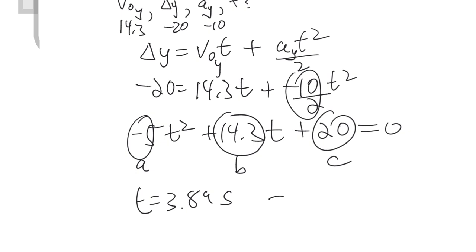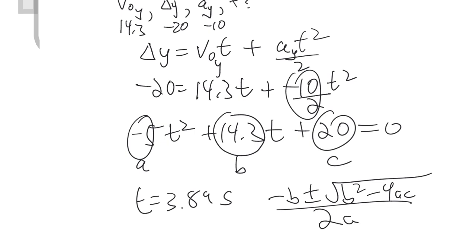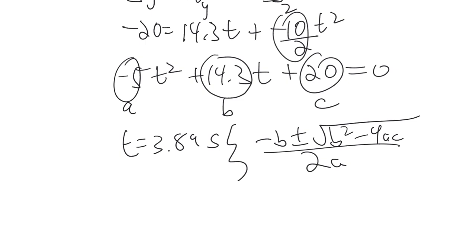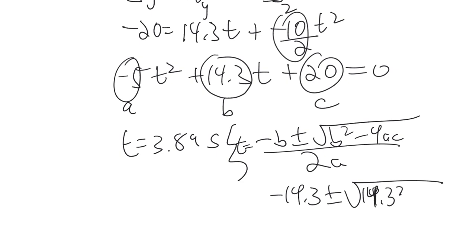Now you could do negative B plus or minus the square root of B squared minus 4AC, over 2A, and solve that for yourself. Okay, that would be what T equals. So let's try that. Negative 14.3 plus or minus the square root of 14.3 squared minus 4 times A, negative 5, times 20.